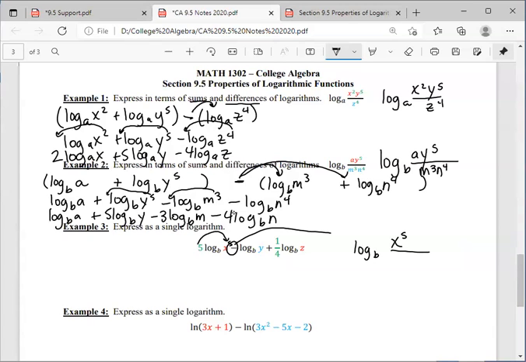Okay, this y doesn't have an exponent because there's no number in front of the log. We are adding. So adding goes with multiplication, right? So now we need to say times, right?